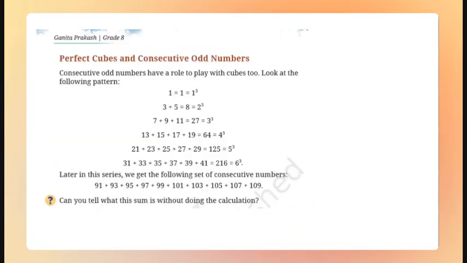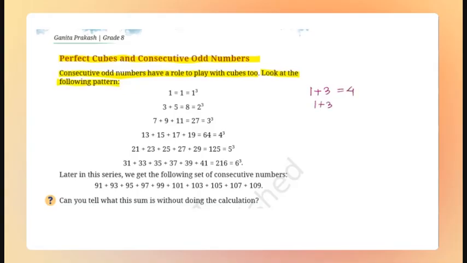Now the next topic is perfect cubes and the consecutive odd numbers. So consecutive odd numbers have a role to play with cubes too. Look at the following pattern. क्या होता है square numbers में? The sum of the odd numbers was equal to a square number. So 1 plus 3 was equal to 4.